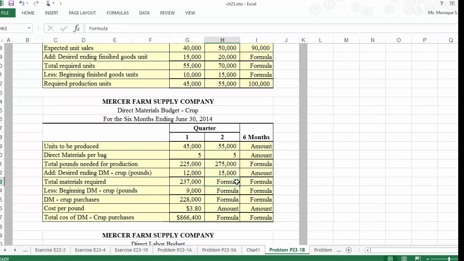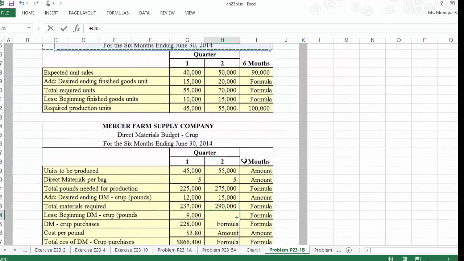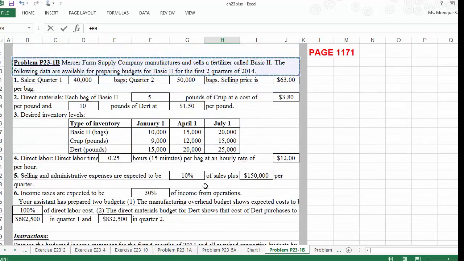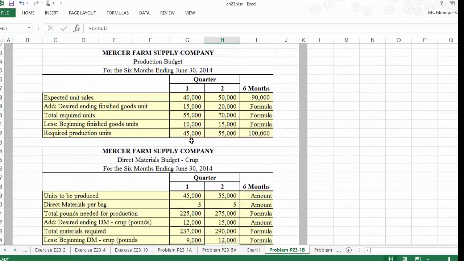And we're going to go ahead and do the same thing for quarter 2. So total materials required is just adding the 275 plus the 15, the desired ending inventory. We need 290. And then we are going to subtract our beginning inventory, which for quarter 2 would be the beginning of quarter 2, so the 12,000.